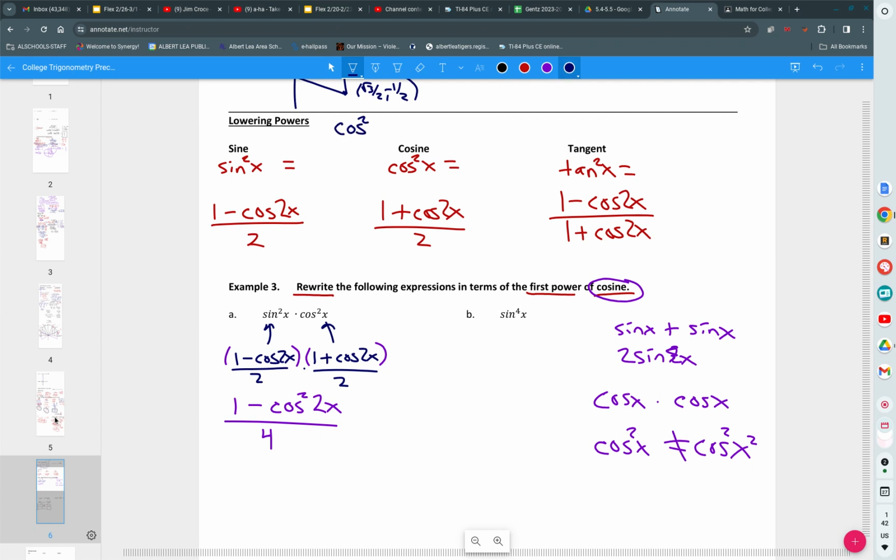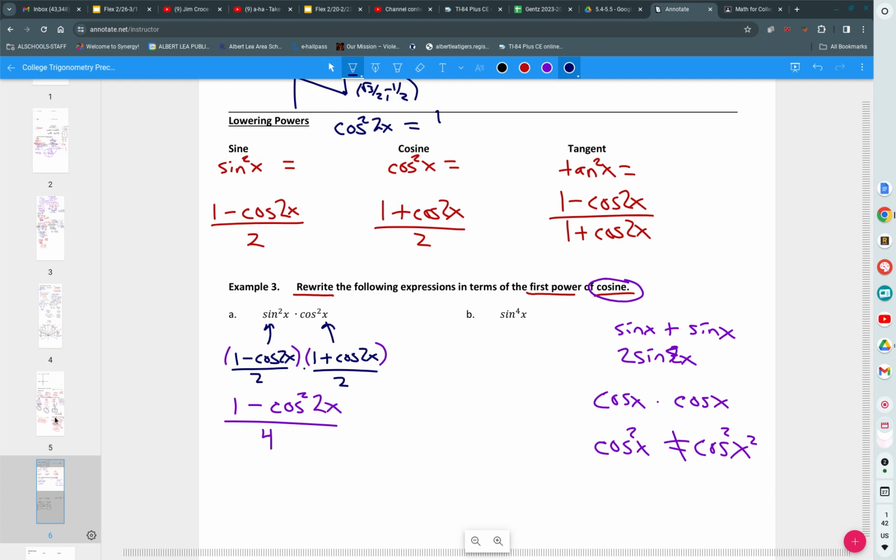I have cosine squared of 2x is equal to, and let's look at what happens as we go from this formula to this formula. What happens to the angle as we go from here to here? It doubles. So I can write a new formula. This one, I just have to double the angle when I get to that spot.